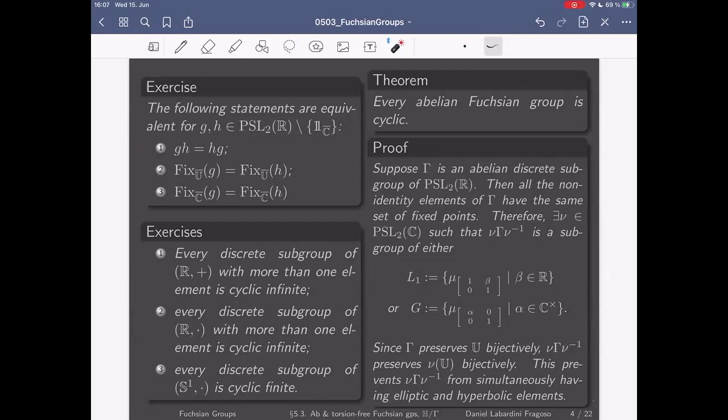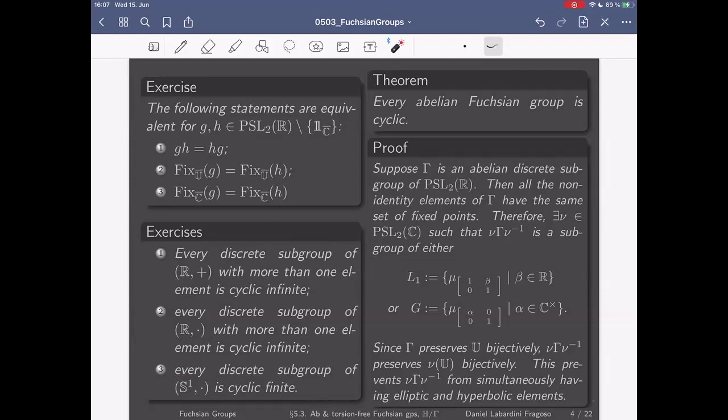Right, and the other thing to recall before the theorem is to look at discrete subgroups of R with addition, R with multiplication, and S1 with multiplication.